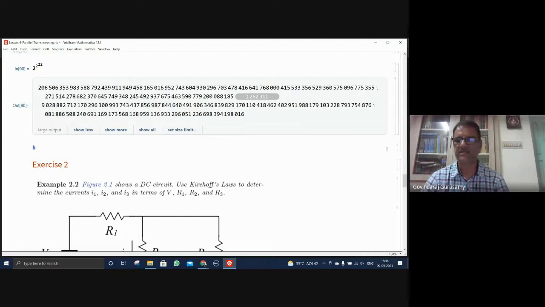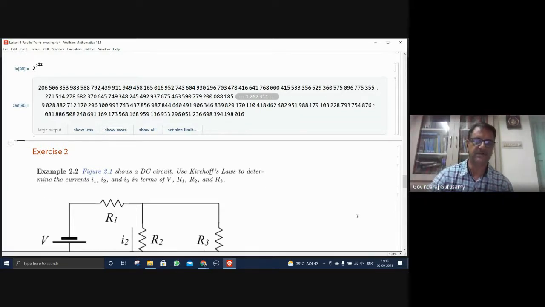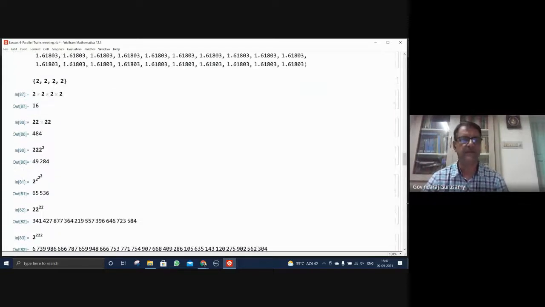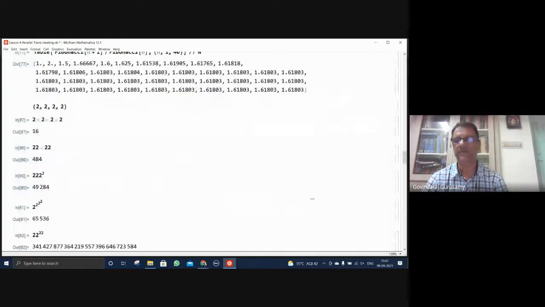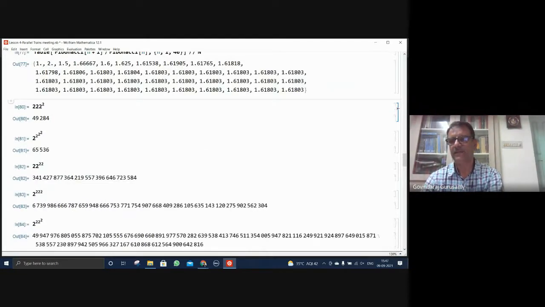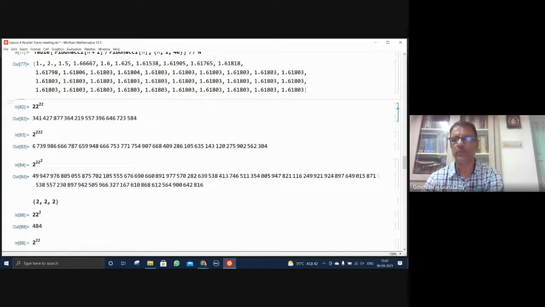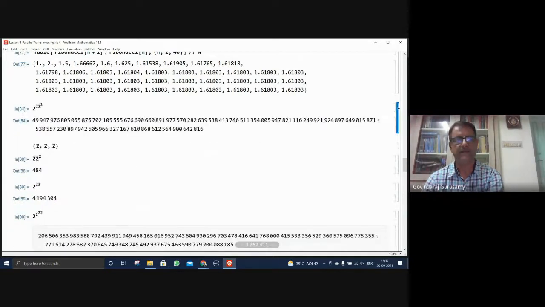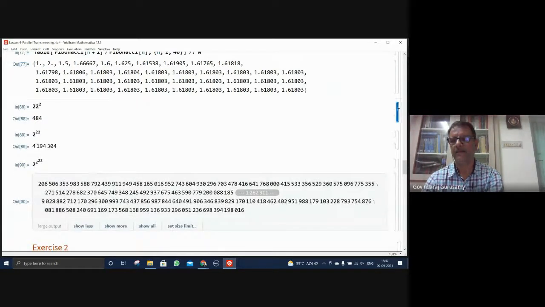Here it is not so. You can handle numbers of such high magnitude. So this is the advantage of this software. I just explained this to show how powerful this tool is to handle big numbers.